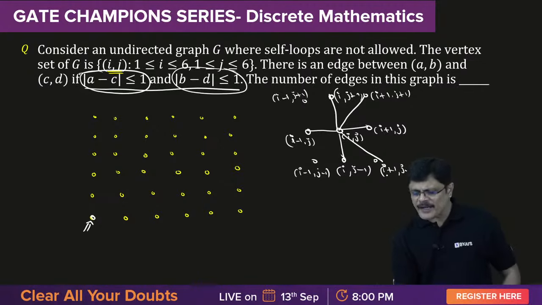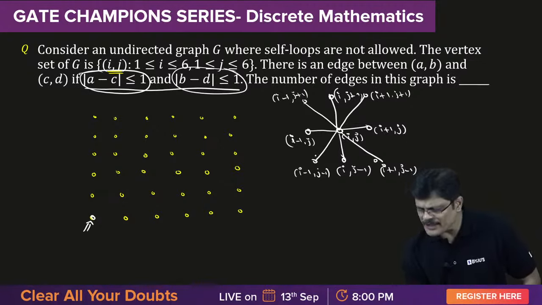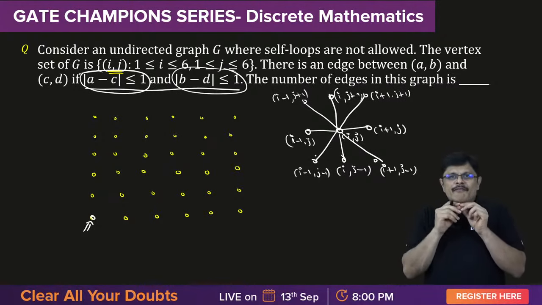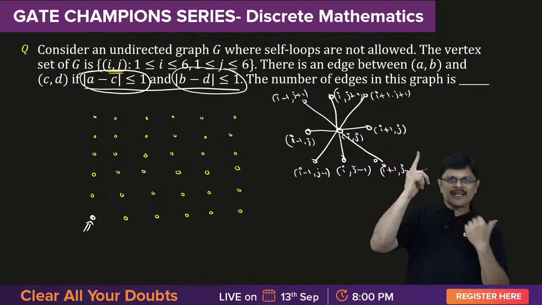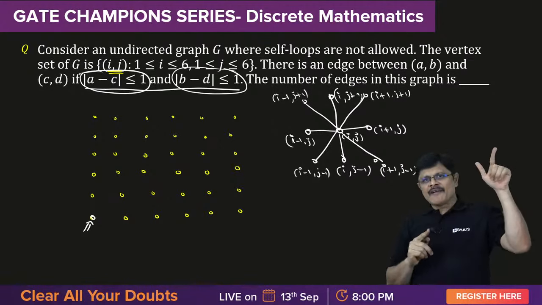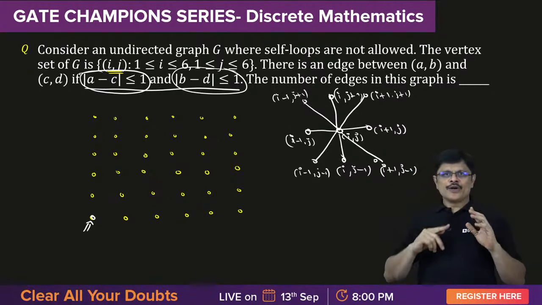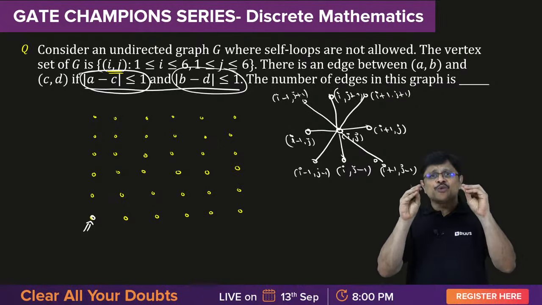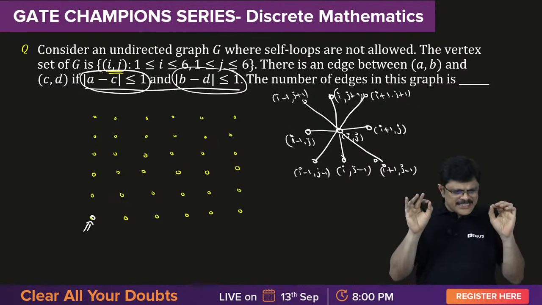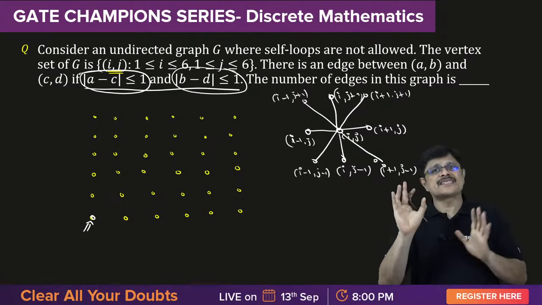So for any vertex generally, the vertices at right, left, top, bottom, and the diagonals, are the 8 points which can be adjacent to any vertex. For any vertex, these are the possible adjacent vertices.